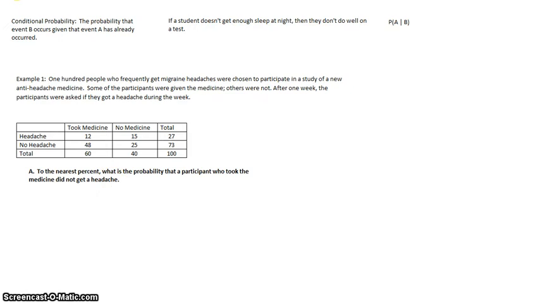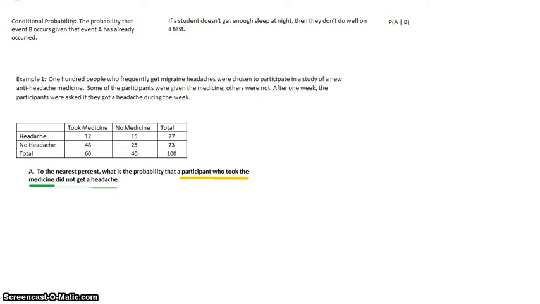Our first event is the participant who took the medicine. And our second event is that the participant did not get a headache.